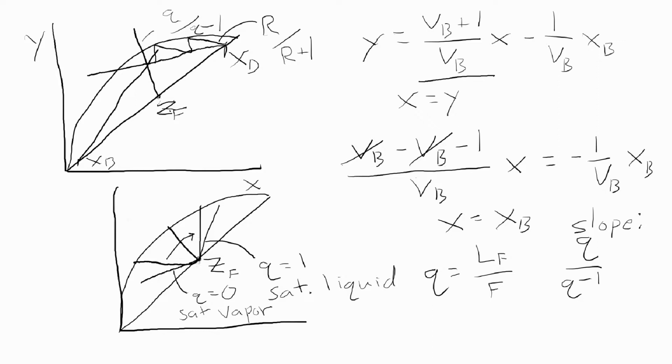So let's start thinking about how we get the actual Q values for these situations. Now remember, what happens with a subcooled liquid in the feed is the liquid hits the streams running up and down in the column. So here we've got a feed that's a subcooled liquid.